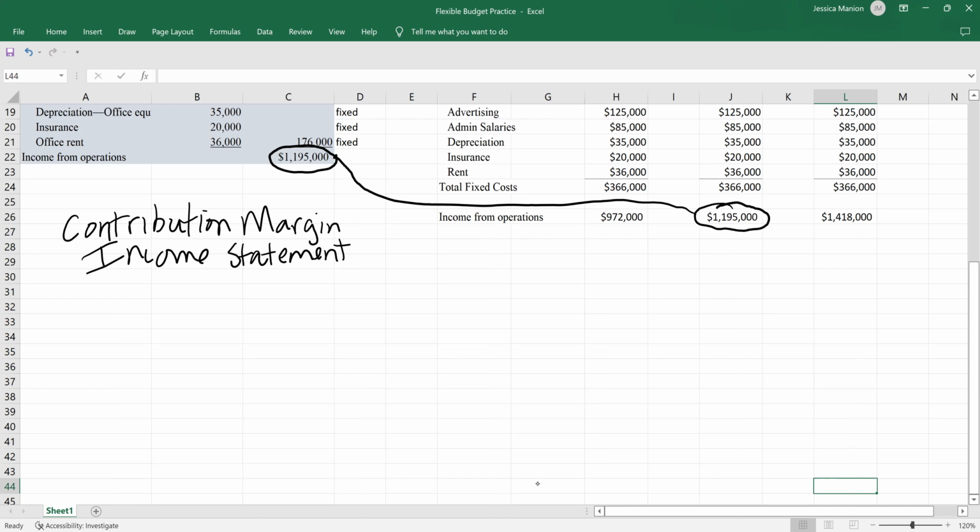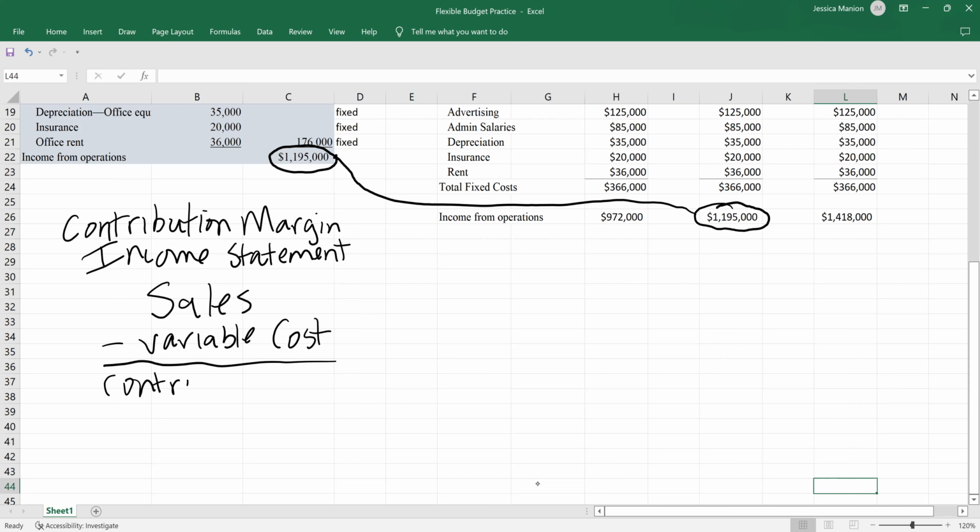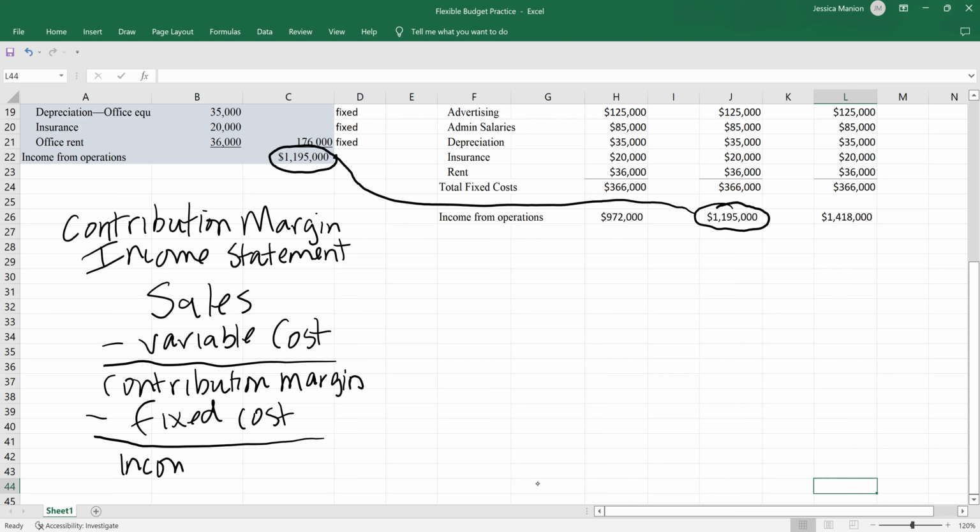So the contribution margin income statement is our sales minus our variable cost. That equals our contribution margin. And then contribution margin minus fixed cost equals our income from operations.